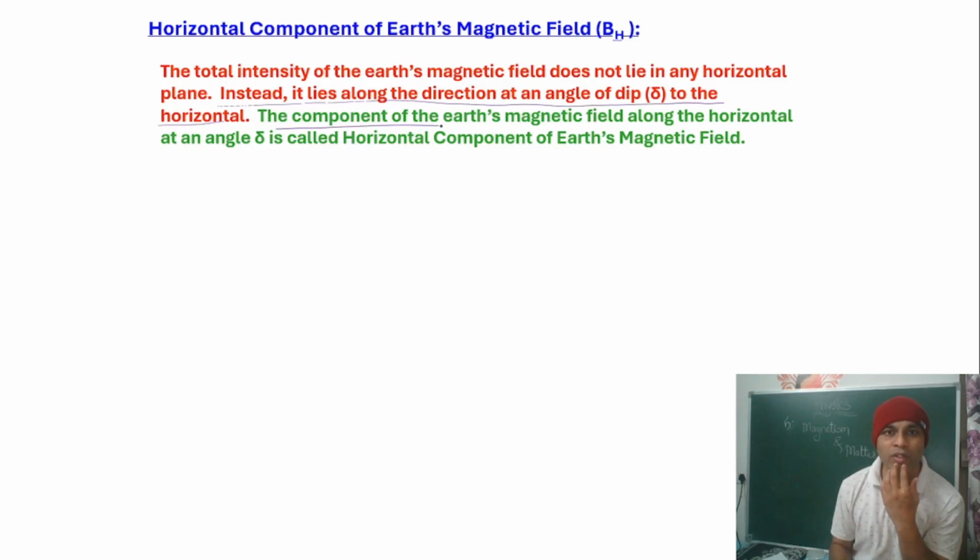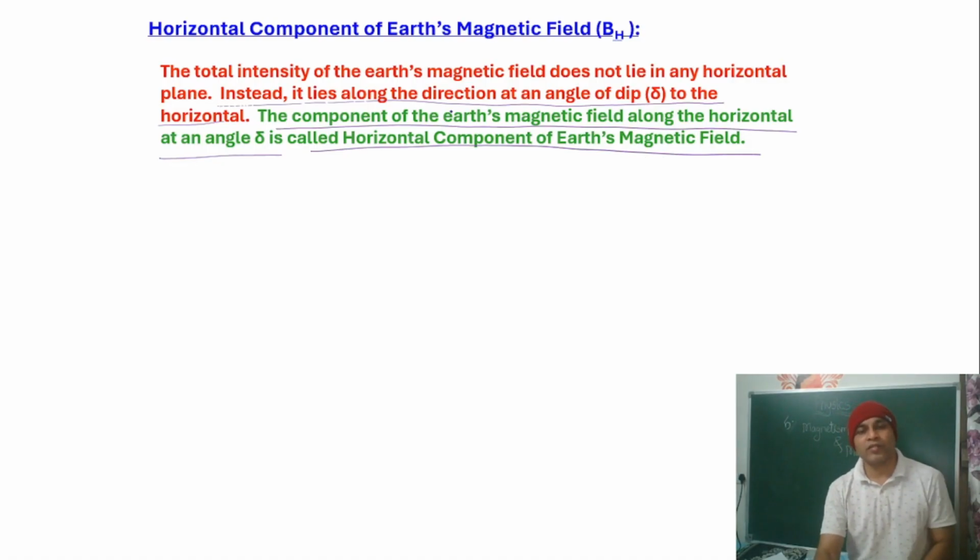The component of Earth's magnetic field along the horizontal at an angle delta is called the horizontal component of Earth's magnetic field. So how can we write it? BH is equal to B cos delta. We have mentioned what delta is, so B cos delta is BH.